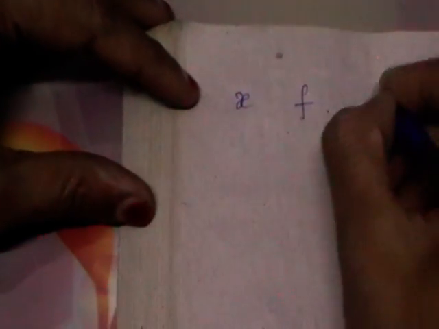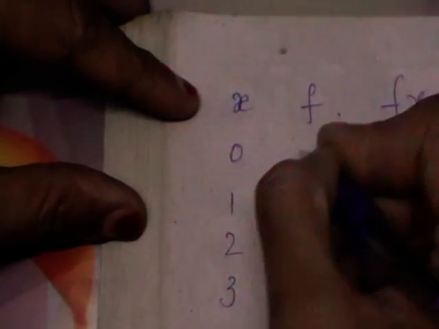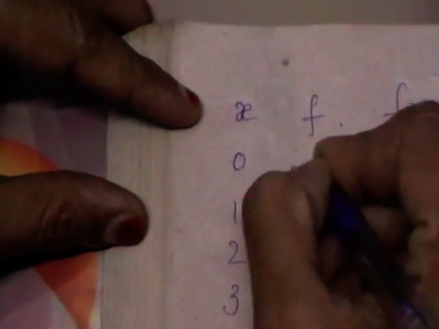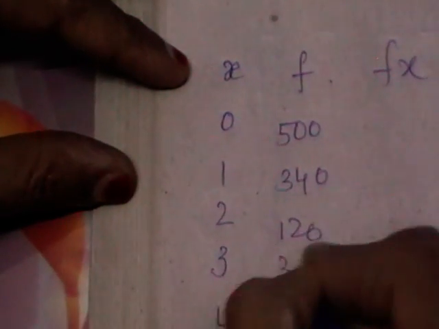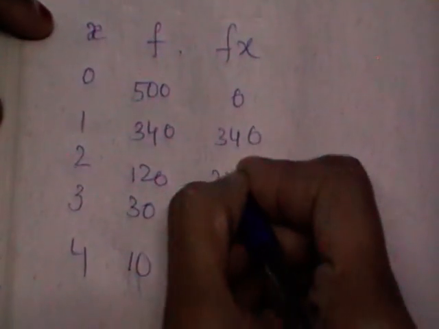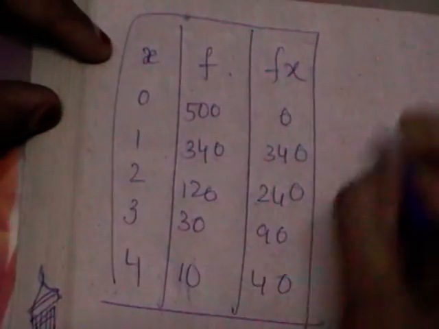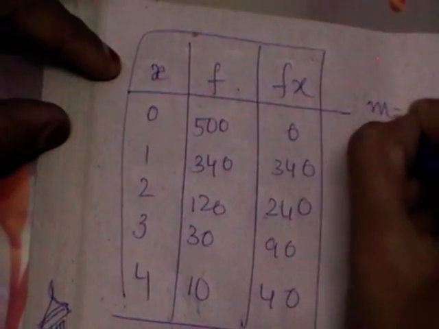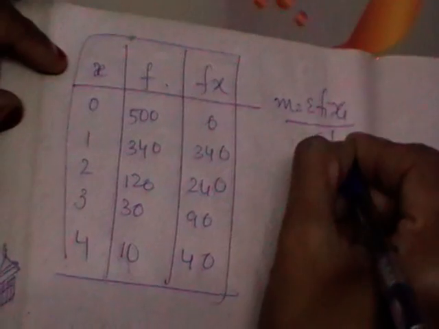So this is x, f, fx. You know how to calculate mean, the regular calculation. To calculate m, I have formulated this table, m equals sigma fi xi by sigma fi.